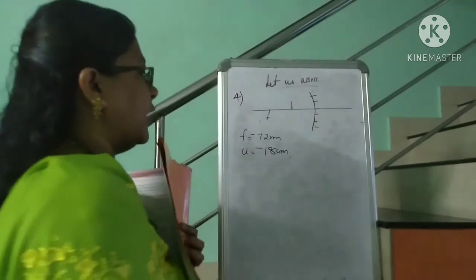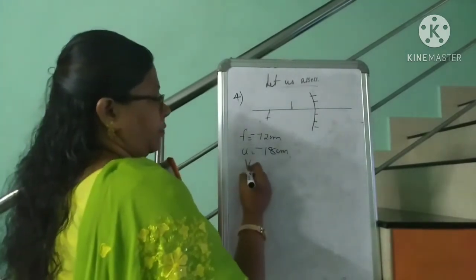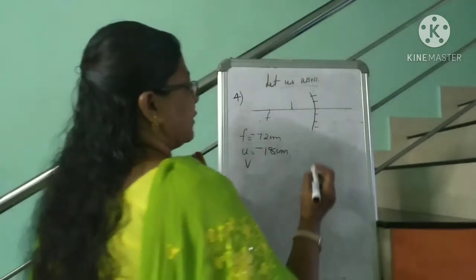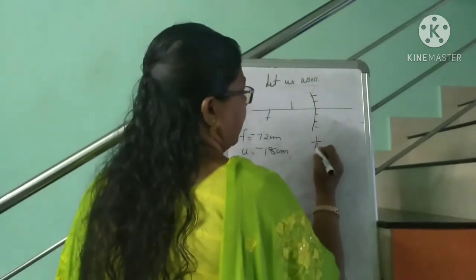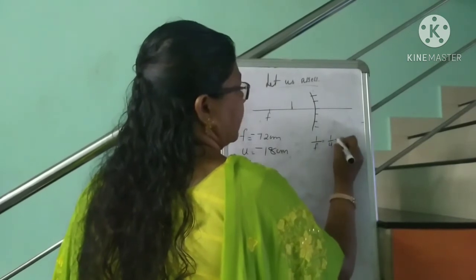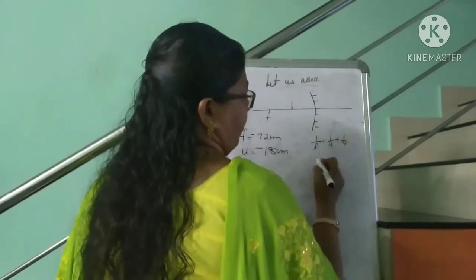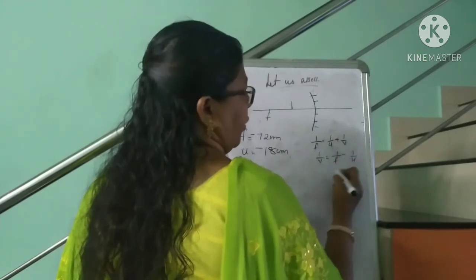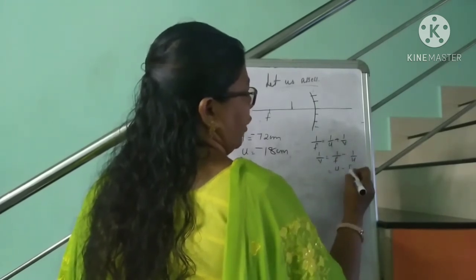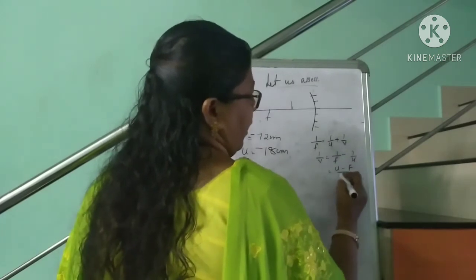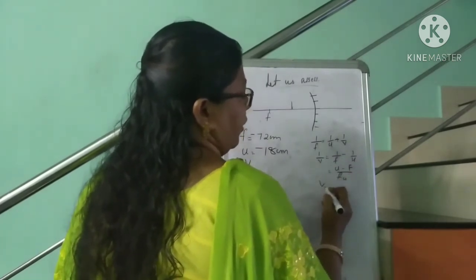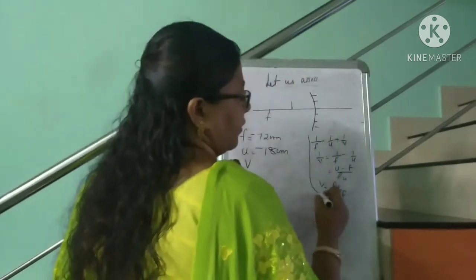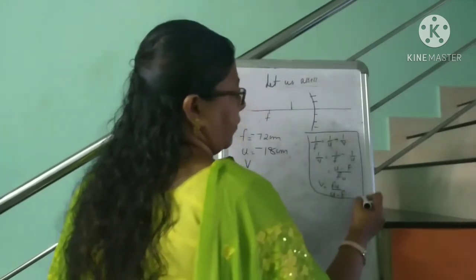You have to find out V. What is the formula that you studied? 1 by F is equal to 1 by U plus 1 by V. Or 1 by V is equal to 1 by F minus 1 by U. While cross multiplying, you will get U minus F by FU. Or V is equal to FU by U minus F. This is a formula that you studied earlier.